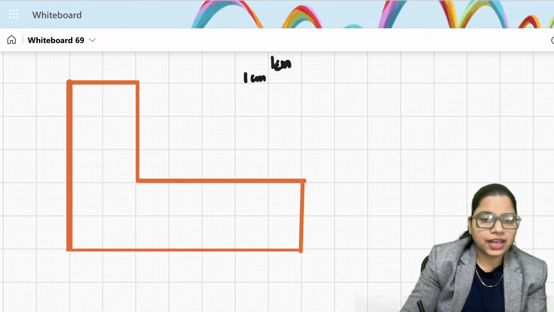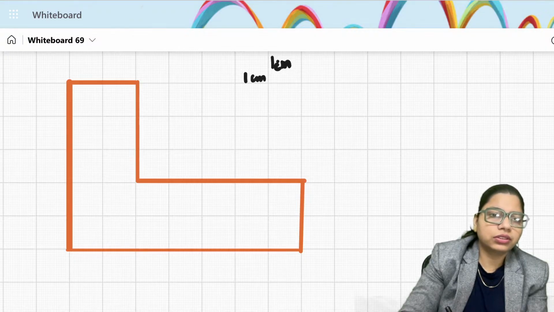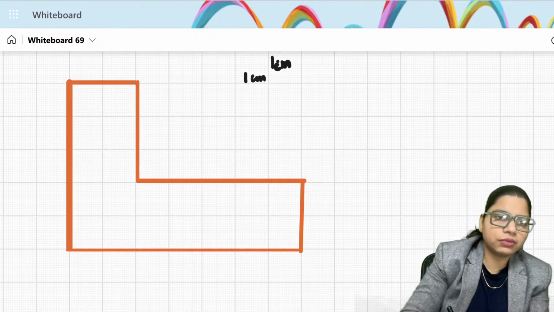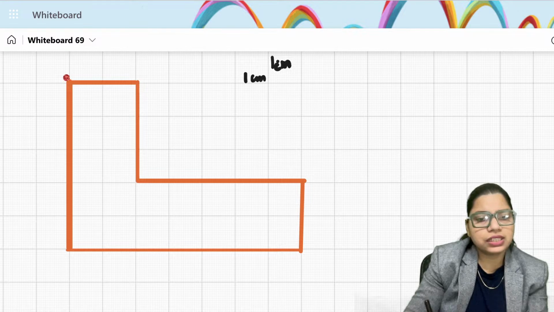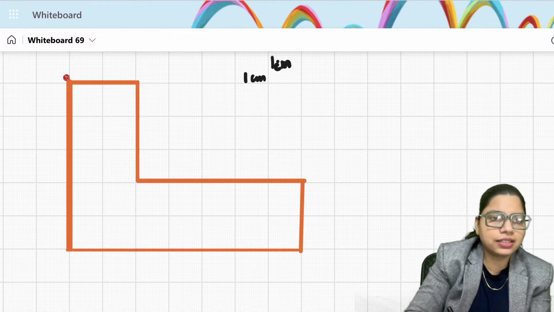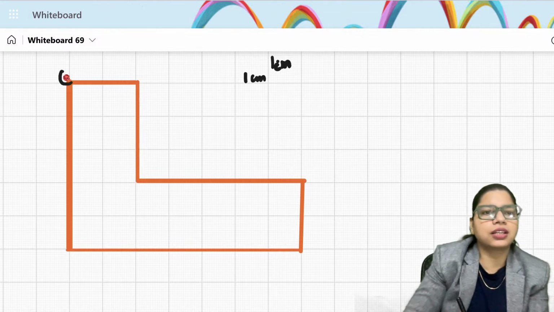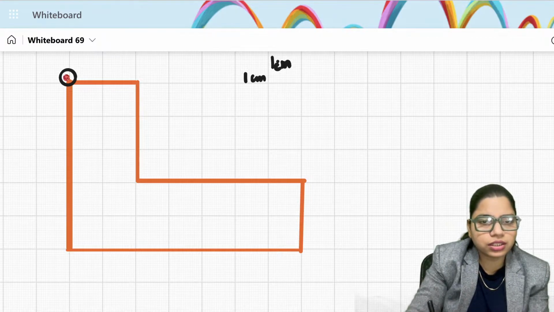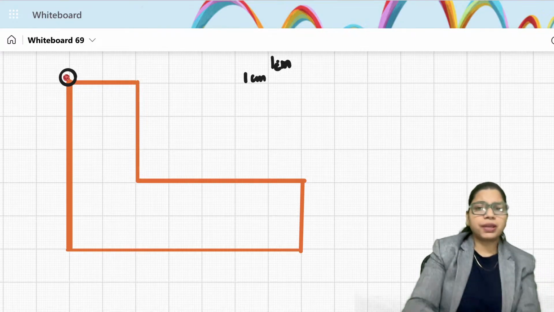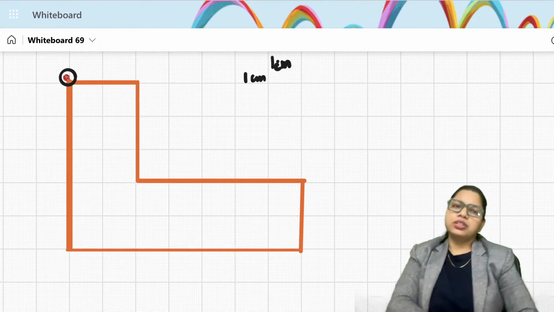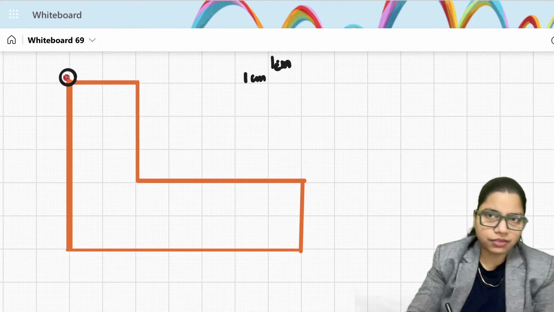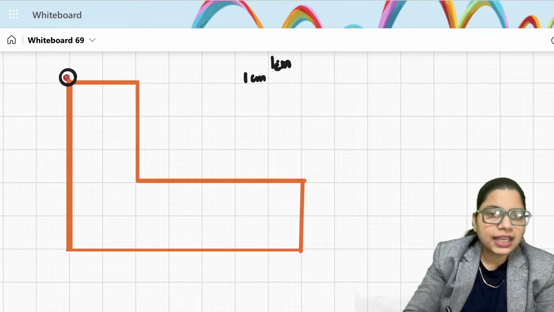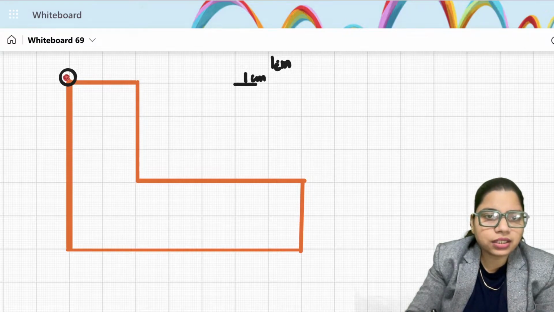What do we have to do? We have to find the perimeter. So what are we going to do? We will start from a point. Let's assume this to be our starting point. From here, we will go through the boundary, because the perimeter is all about the boundary. Each step is 1 centimeter.